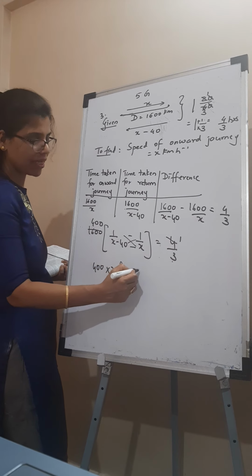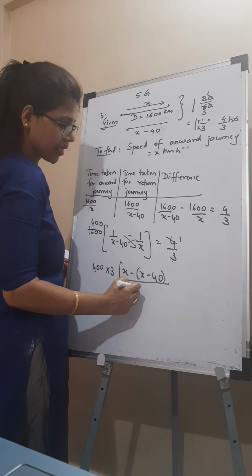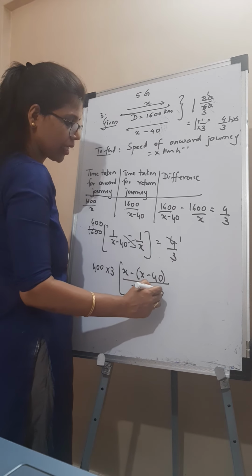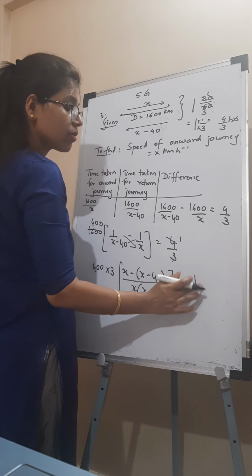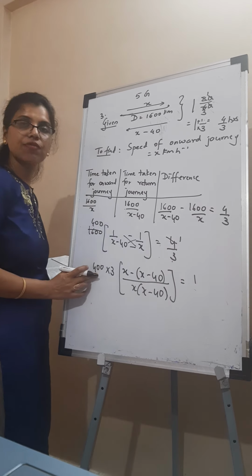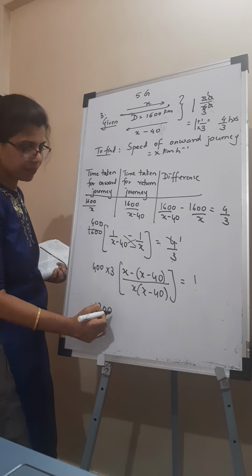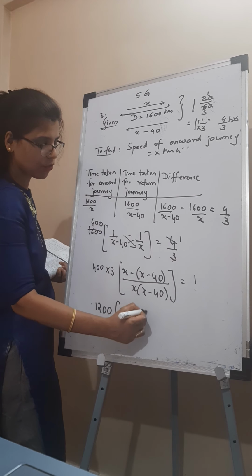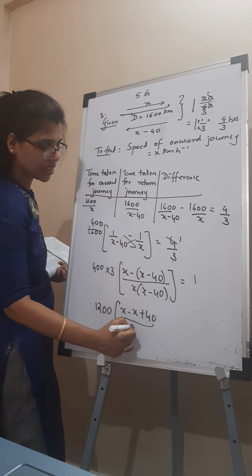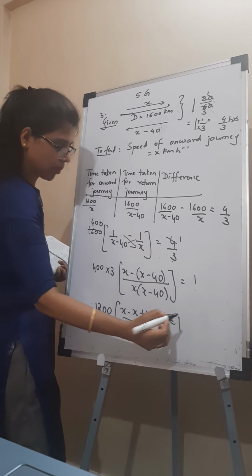So you will get x minus bracket x minus 40 upon x into x minus 40 is equal to 1, as I have already shifted 3 over here. Now when you multiply you get 1200, and you open the bracket, you will get x minus x plus 40 upon x square minus 40x is equal to 1.